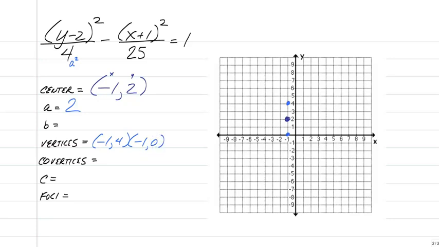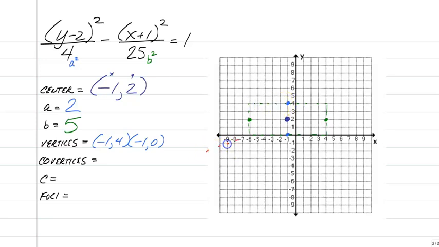Our b is underneath our negative, so b squared is 25. That means our b value is 5. So if our b value is 5, we are going to go 5 in the x direction, 1, 2, 3, 4, 5, and 1, 2, 3, 4, 5 to the left. And we are going to make that crazy rectangular thing again, and that is going to help us graph our hyperbola.